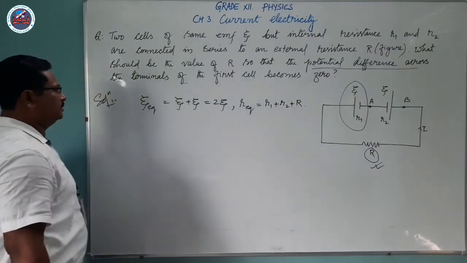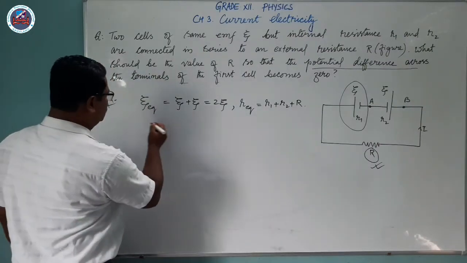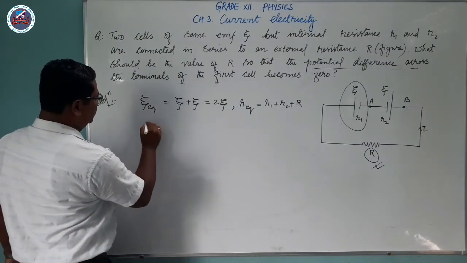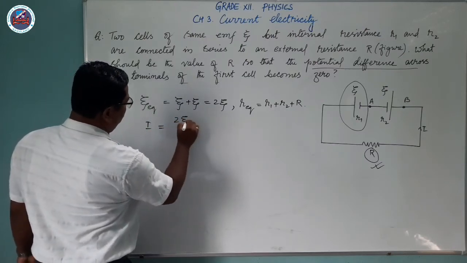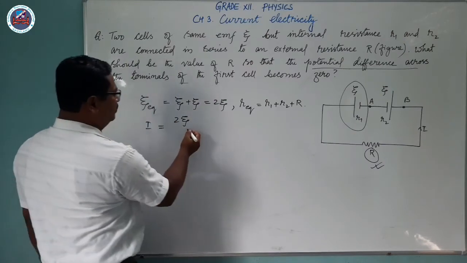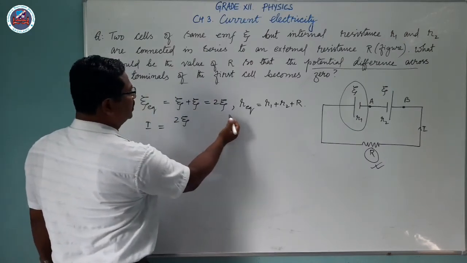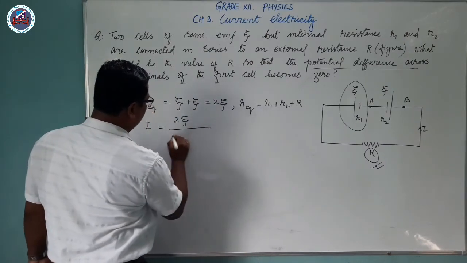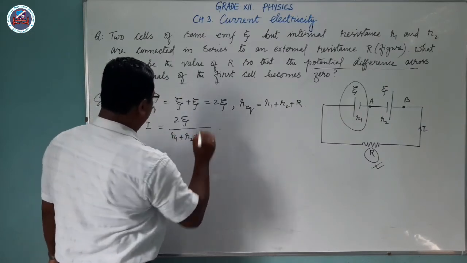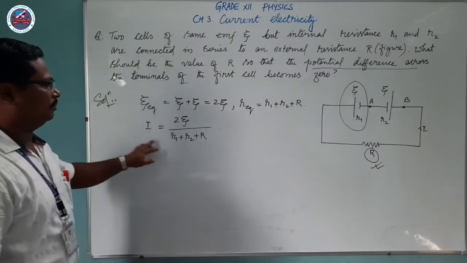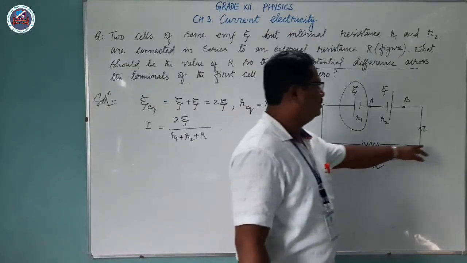After knowing these two, you can find out the current: I is equal to the equivalent EMF, 2 epsilon, divided by R1 plus R2 plus R. Like this, you can find out the current flowing across the circuit.